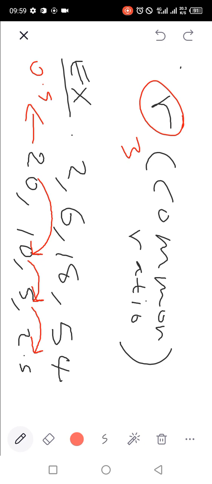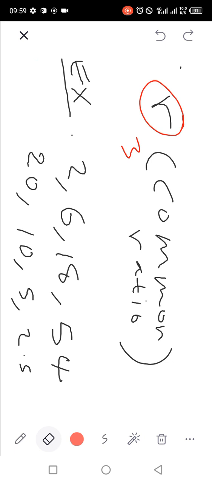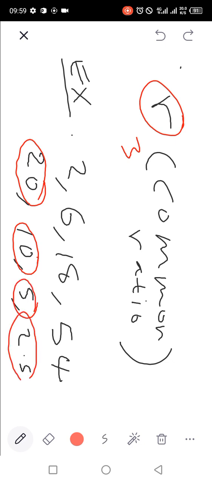Or you can divide by 2. You can divide by 2 and say 20 divided by 2 to give you 10, 10 divided by 2 to give you 5, 5 divided by 2 to give you 2.5, just like that.